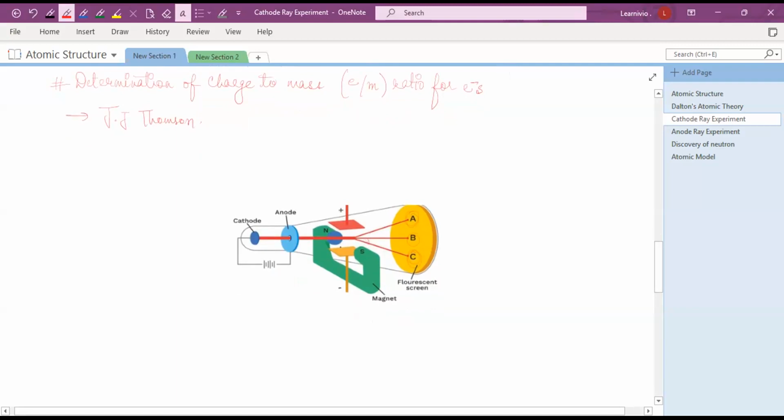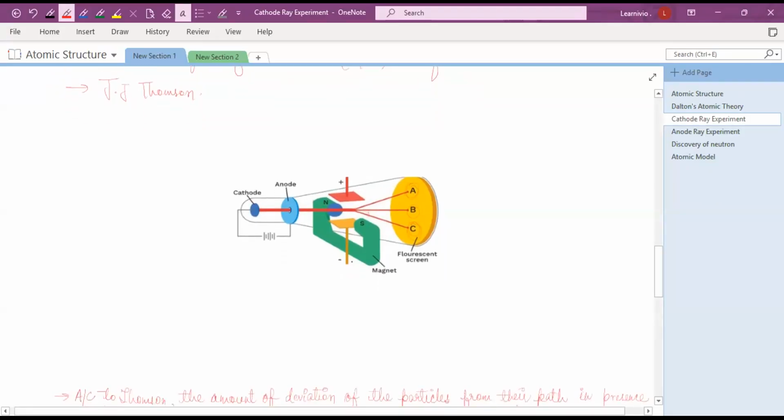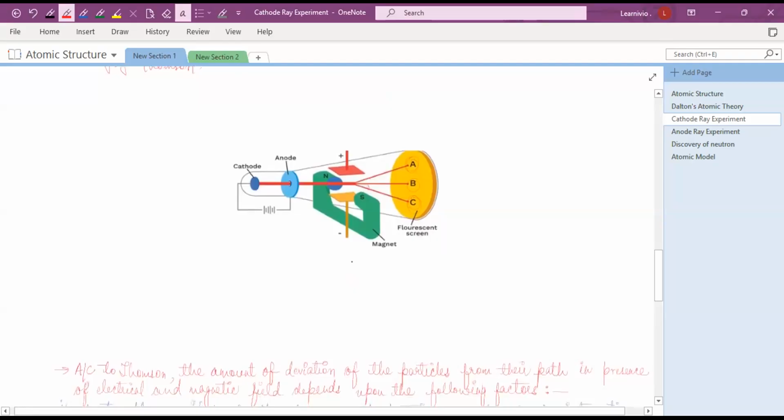So anyhow, he took the electrical field as well as the magnetic field and did some calculations. He calculated the charge, calculated the mass, and after that he determined the charge to mass ratio for the electron. Right. So let's see which factors this charge to mass ratio depends on.